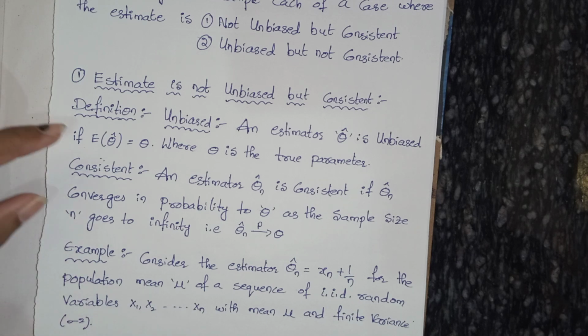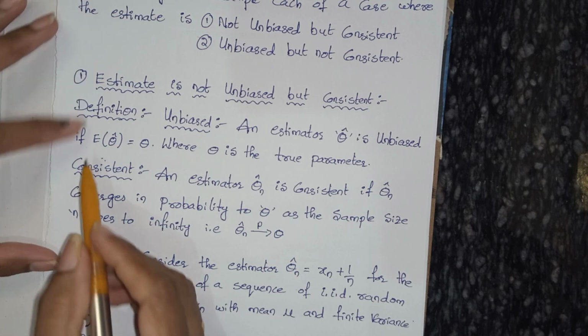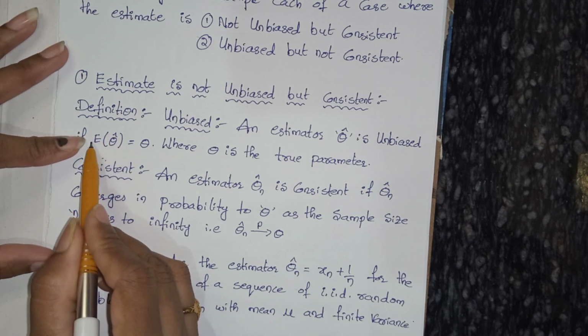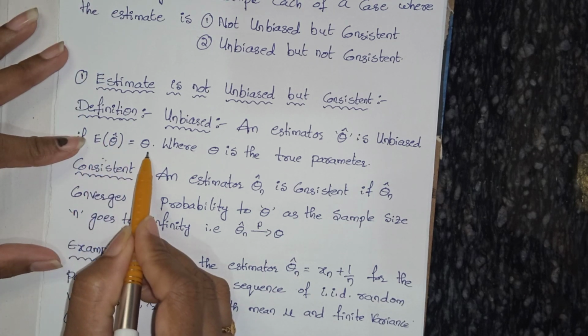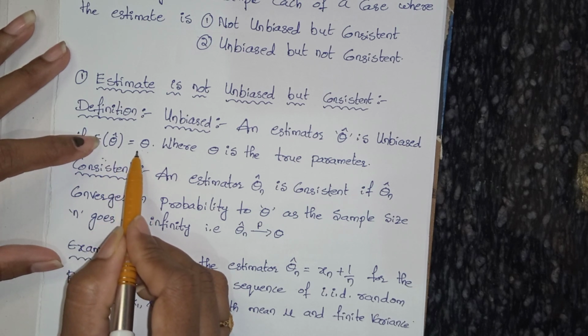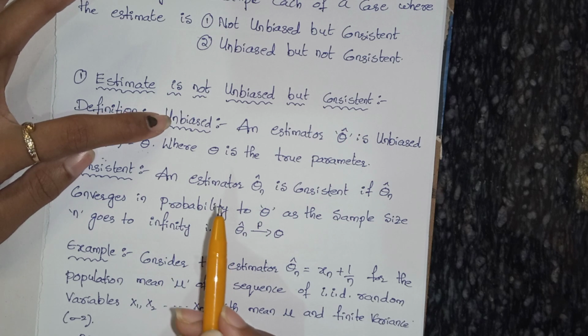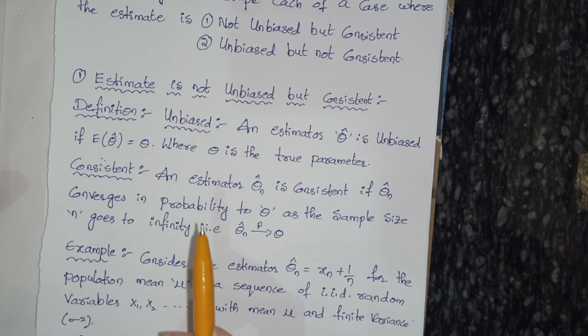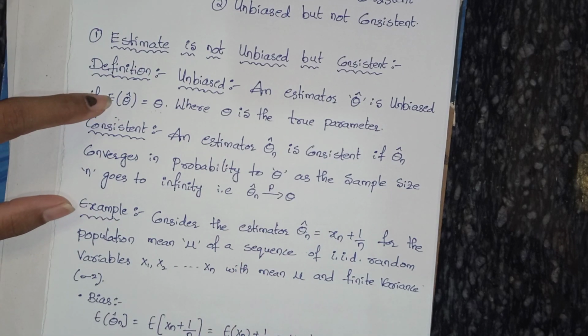That is called unbiased. The sample mean and the population mean should both be equal. If these are equal, it is called unbiased.